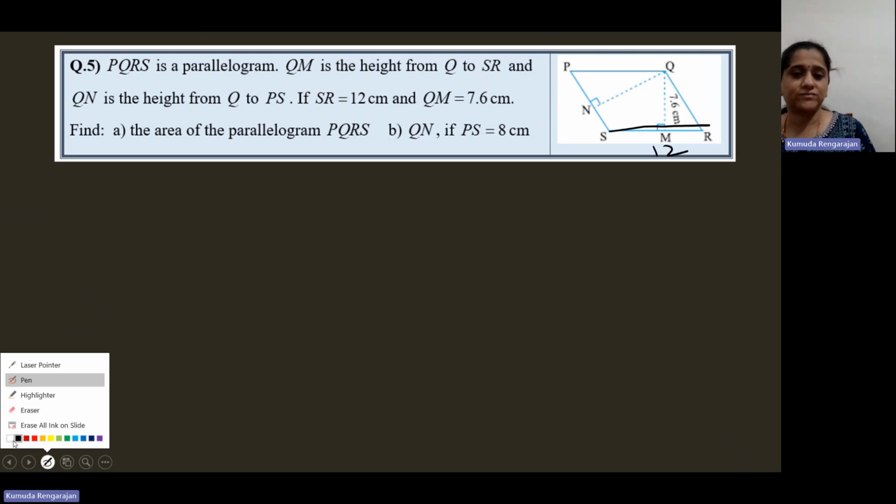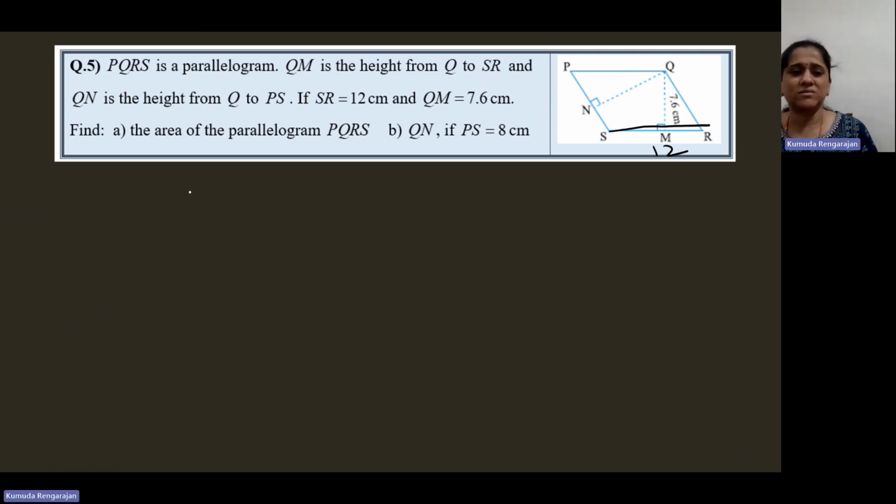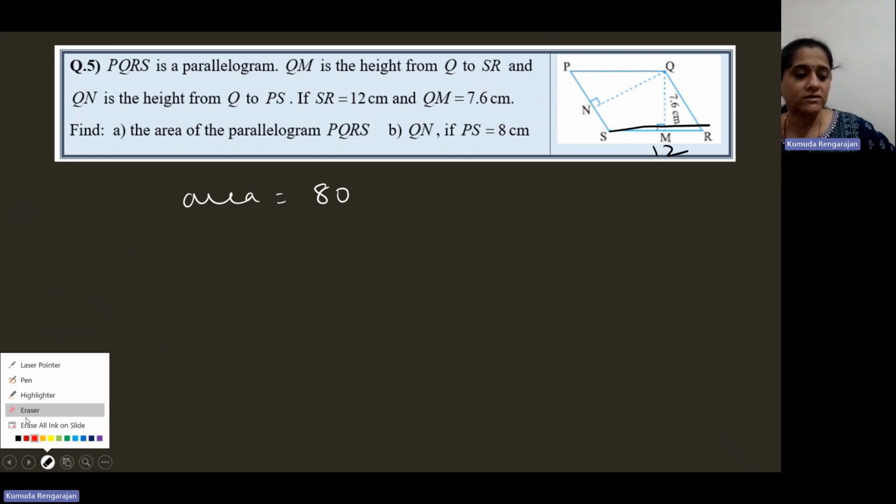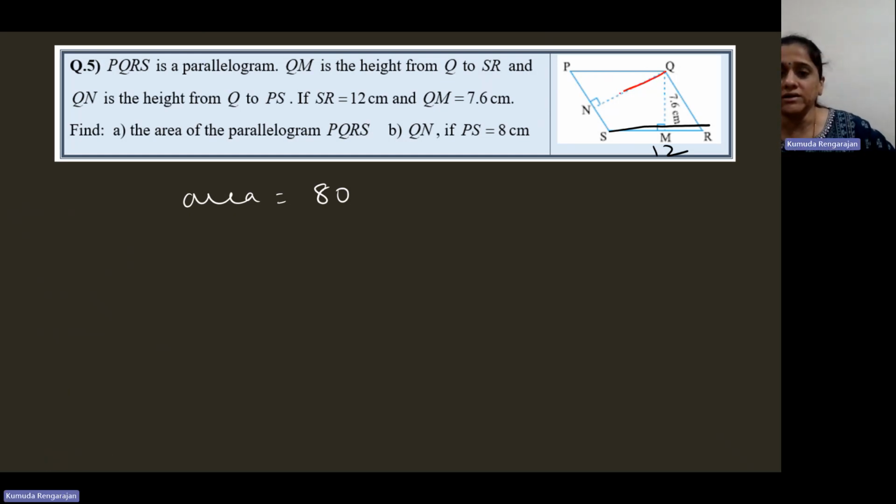Okay. So I'll just take some random number. Supposing you got area is equal to 80 from the first one. Now you should find QN if PS is 8.